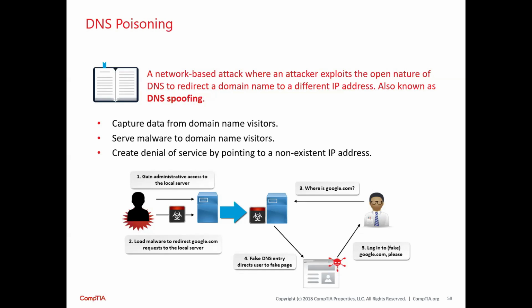For example, when someone wants to access google.com, it will redirect them because their DNS has been poisoned. Your DNS will translate google.com to something else, a fake google.com.